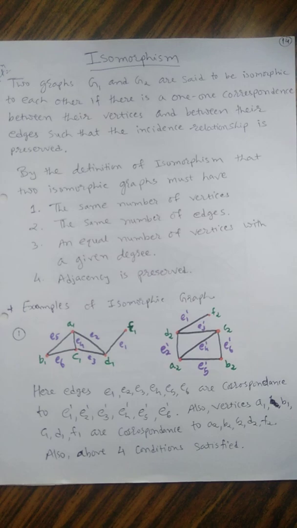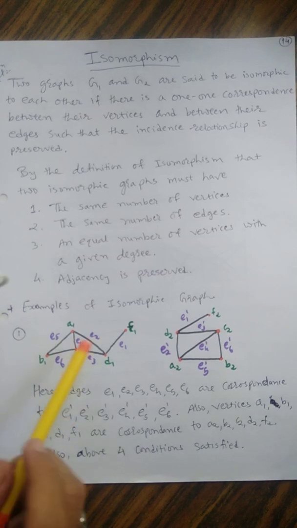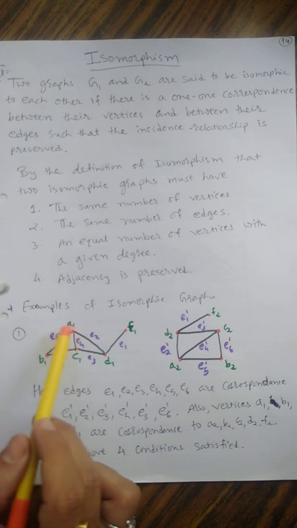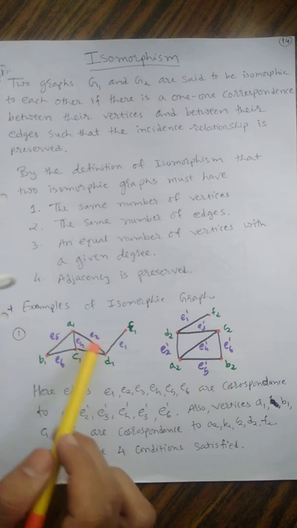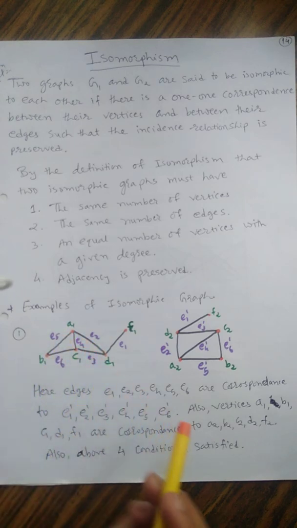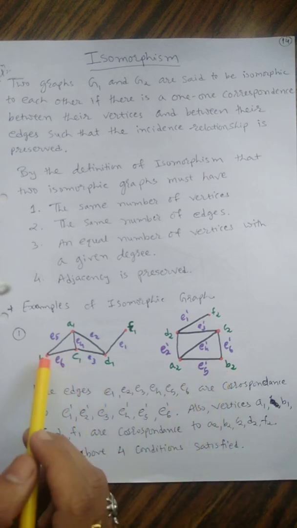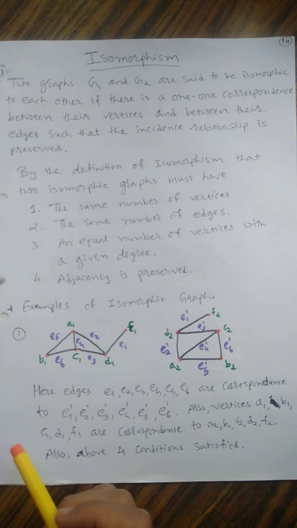Now, equal number of vertices with the given degree. You can see that here A1 has degree 3, D1 has also degree 3, and C1 has also degree 3.